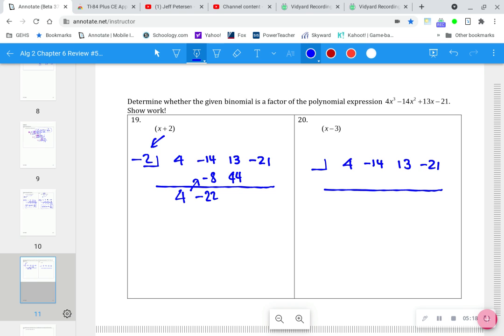Add those, you get 57. Multiply by -2, you get -114. And add those, you get a remainder of -135. And since that's not a 0, you're going to say no, not a factor.